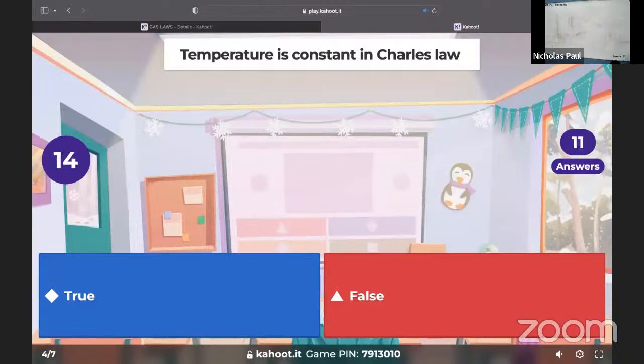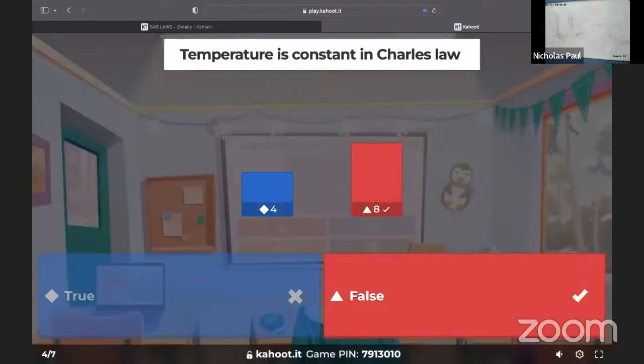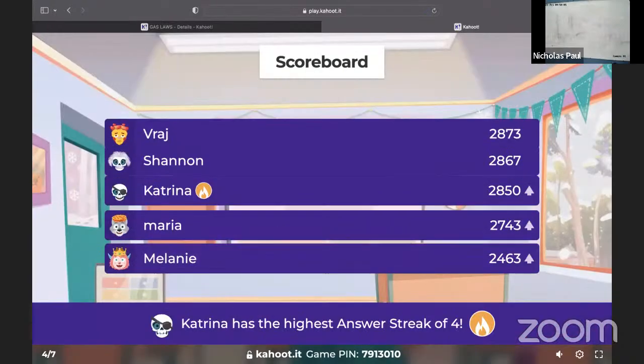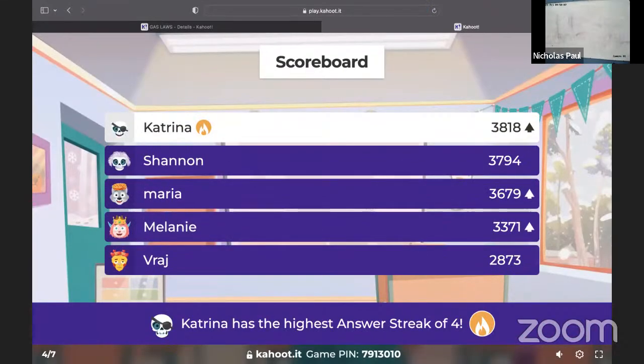Temperature constant in Charles's law. True or false? False. Someone put in false. Anybody here on the first top 5?